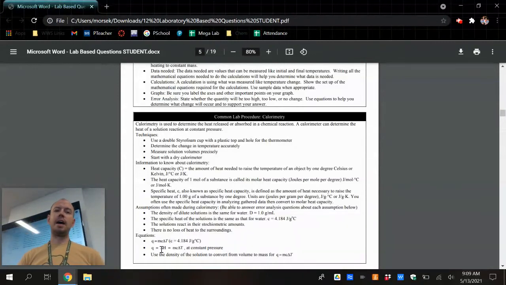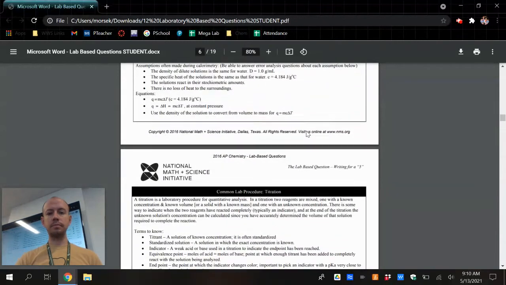You can open this up and check it out on your own, but we're thinking about measurements of mass and measurements of temperature, which gives us Q. Q then is divided by our limiting reactant to find our moles of our limiting reactant to get our delta H. And do remember the sign: if the temperature is going up, it's because it's exothermic, and that's a negative delta H. So there are a lot of other details here, but those are some of the key ideas.